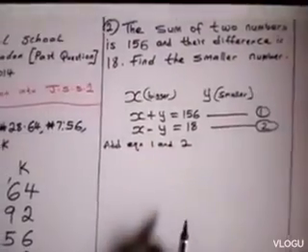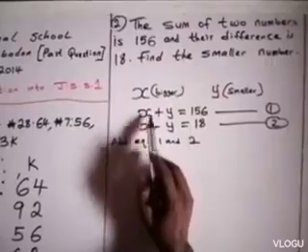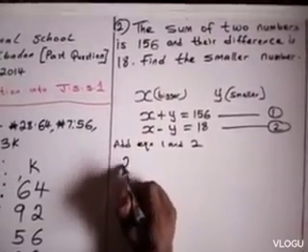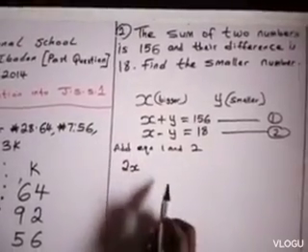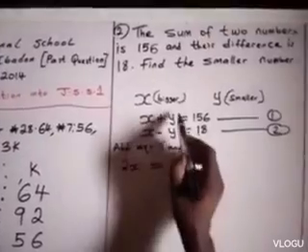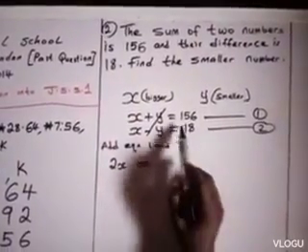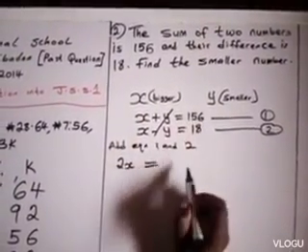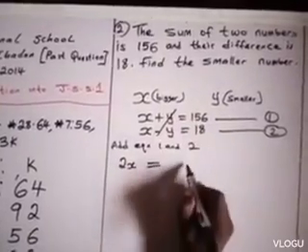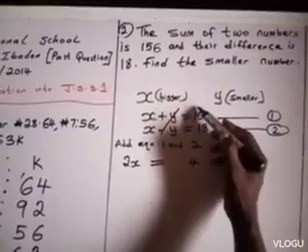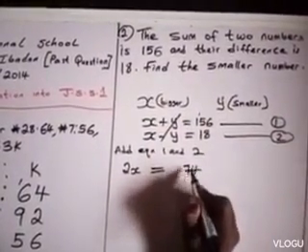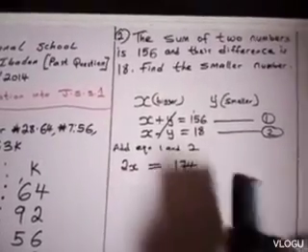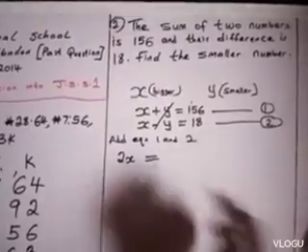By adding that, x plus x will give us 2x, plus y plus minus y will give us 0. So that is out. And lastly, 156 plus 18 should give us 6 plus 8, 14. 1 plus 5, 6 plus 1, 7. That gives us 174.